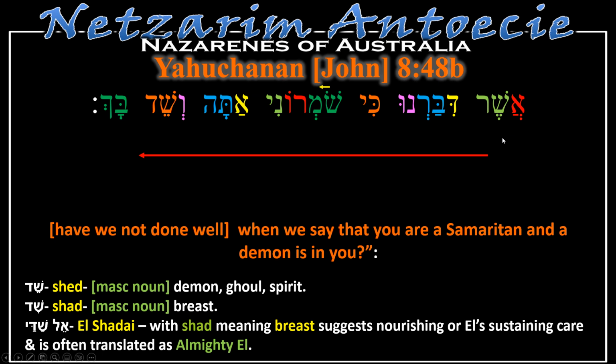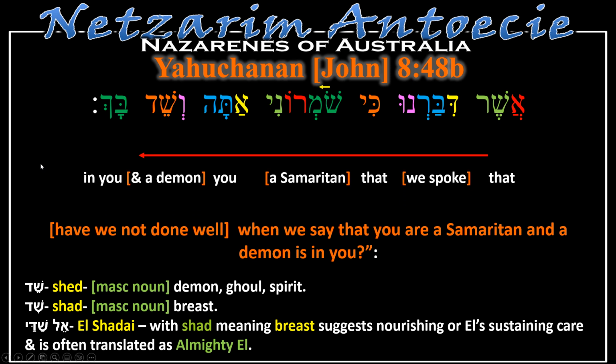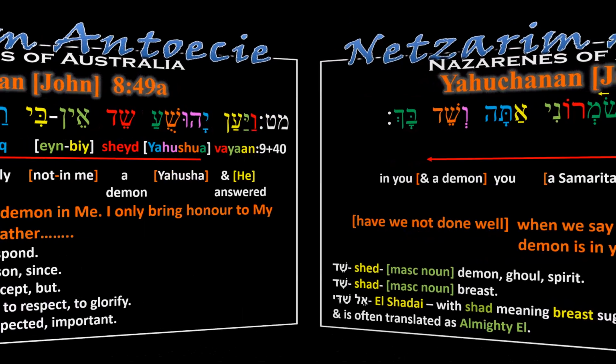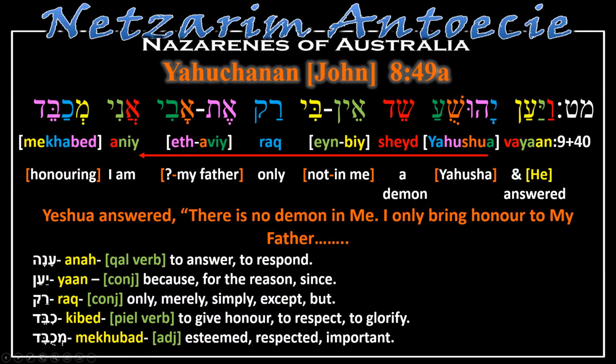And so we read it. Asher dibarnu ki shomroni ata ve shed bach. That we spoke that a Samaritan you and a demon in you. And we come to 49, and we have a mem, 40, a tet, the ninth letter of the alphabet, valued 9.